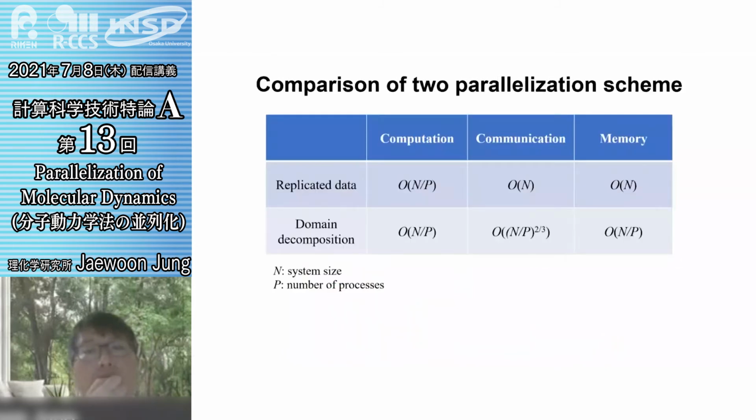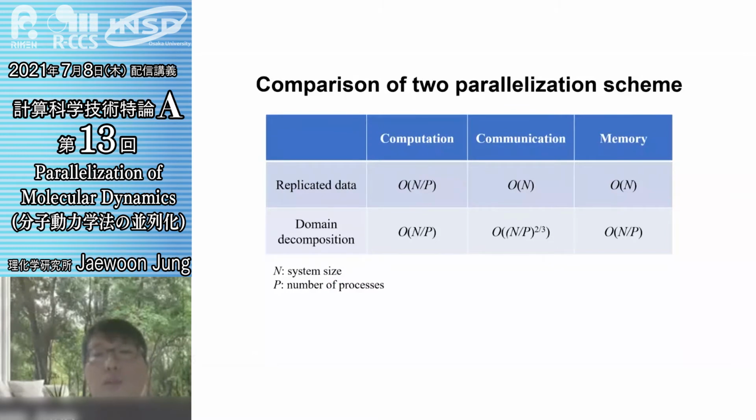And if we compare the replicated data and domain decomposition parallelization schemes, as for the computation, they have the same order. But in the case of communication, domain decomposition has a much smaller amount of communication.